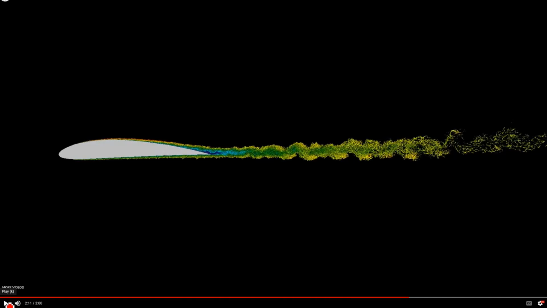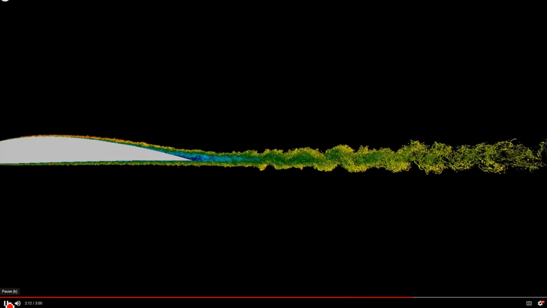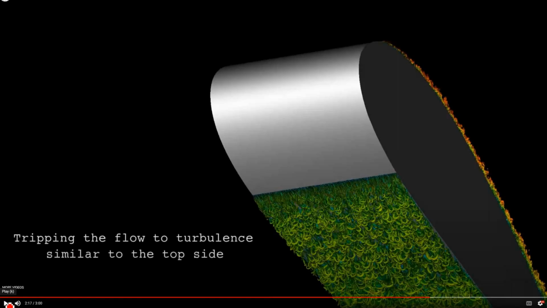I will stop at several moments for you to understand the complexity of this flow. From the lower surface, from the upper surface, you can see that the flow is never uniform.